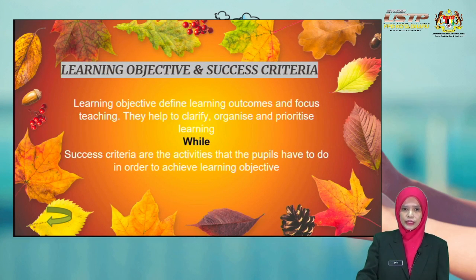Learning objectives define learning outcomes and focus teaching. They help to clarify, organize, and prioritize learning, while success criteria are the activities that the pupils have to do in order to achieve the learning objective.